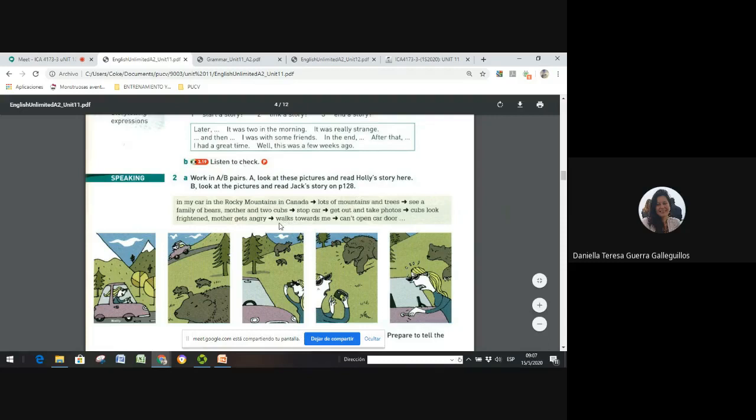But something happened before that. Before you say in the end, I couldn't open the car door, something happened. They came toward you. So in the end, they walked towards me. And I couldn't open the car door. So, you put the ending, finish it.